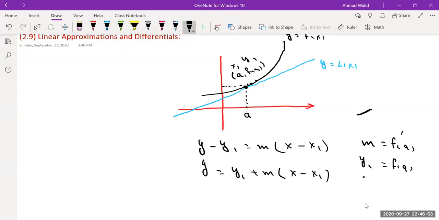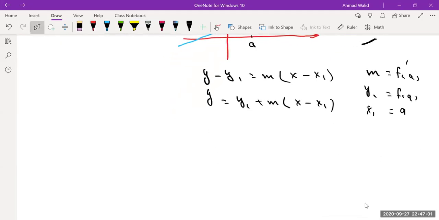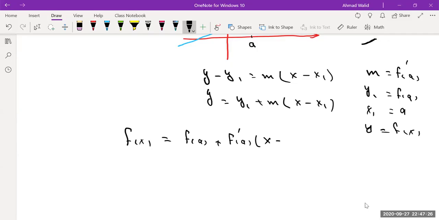Instead of x1, I have a. Let's put everything here. Since y is equal to f of x, instead of y you can write f of x. Then in this equation, I can write f of x equals f of a, which is y1, plus m, which is f prime a, times x minus x1. x1 is what? A.